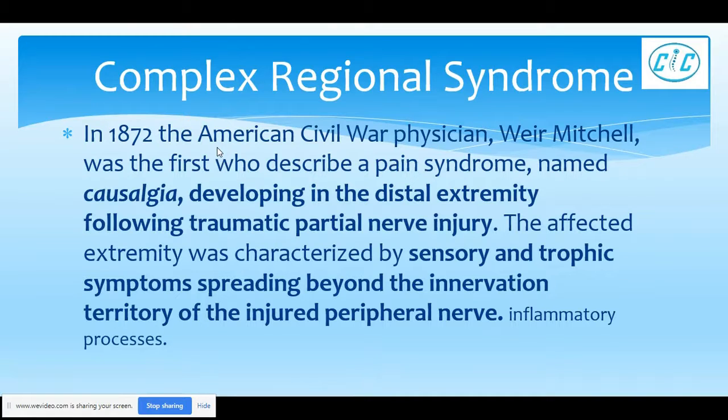In the affected extremity, he noticed some feedback to the pain, and some type of trophic symptoms, which are not only in the area where the pain is coming from, but spread out into a larger territory.